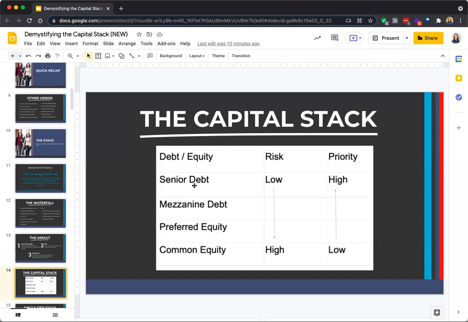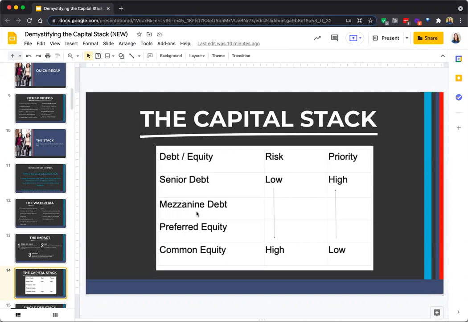Now, the senior debt, especially if you've purchased your own single family residence, is generally a primary mortgage on the property. They take the lowest risk, highest priority position on the asset, so they get dibs on any cash flow coming in. We have to pay that senior debt off first.